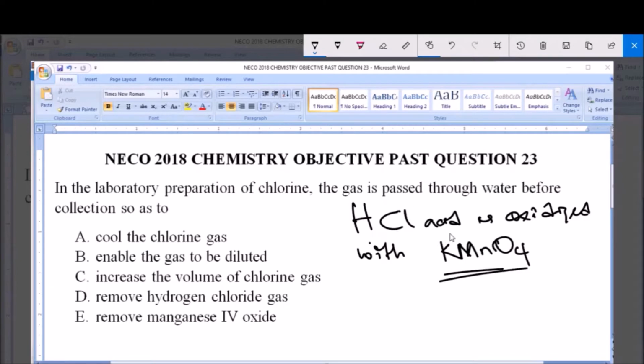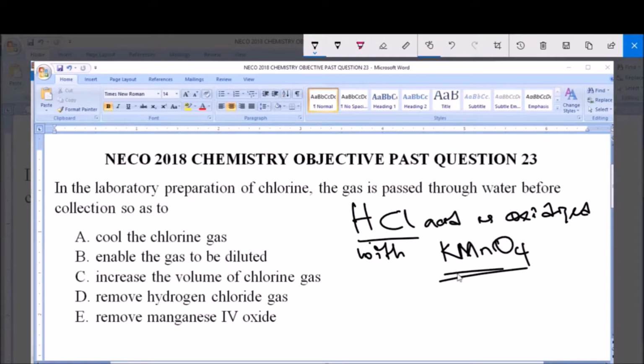Now, when this is done, once this hydrochloric acid touches this potassium tetraoxomanganate 7, what happens? A small amount of hydrogen chloride will be evolved, together with chlorine gas.